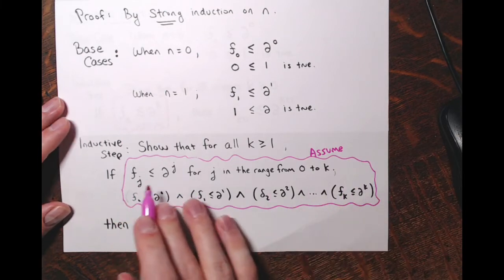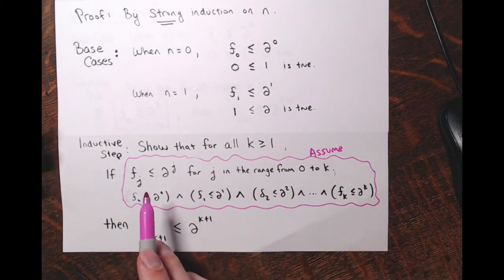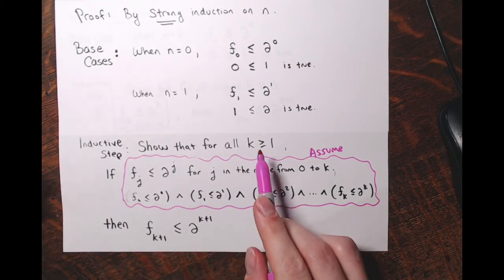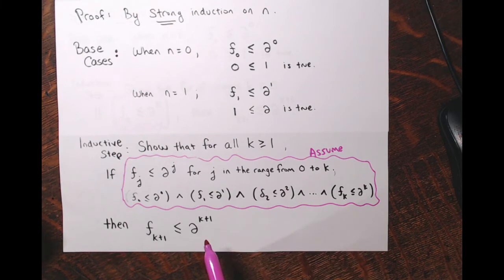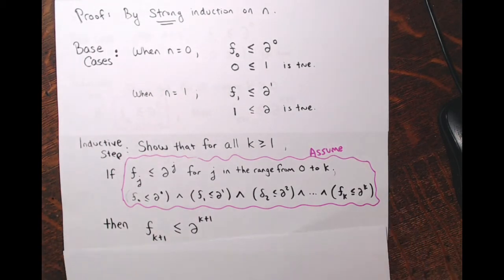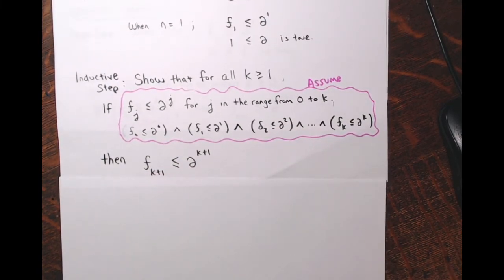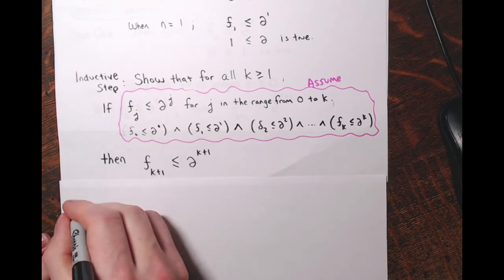And we show that if the statement is true from 0 up to k, where k is greater than or equal to 1, then we can show that it's true for k plus 1. Right. So now, let's try to show this, right? I'm going to look at f sub k plus 1.